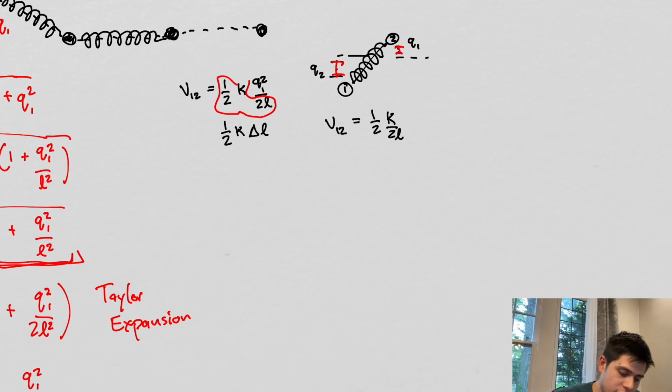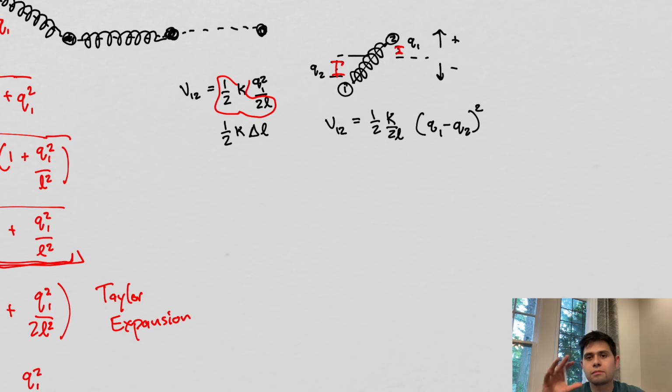The only difference now is that the height has become the difference of two heights, because this is in the positive direction and this is in the negative direction. So we need to do (Q1 minus Q2) squared.